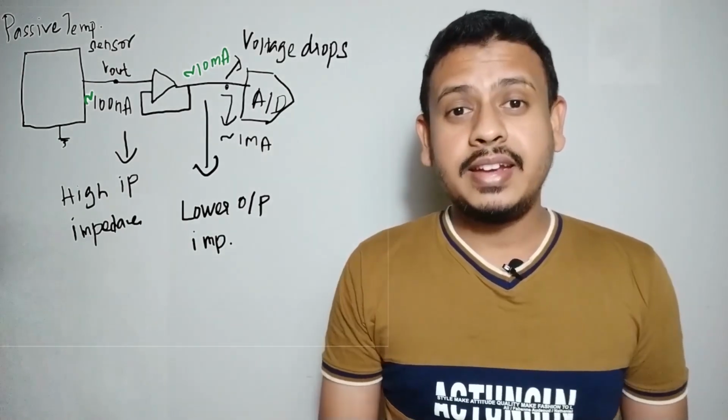It has to be understood that the current from the thermal sensor is not being amplified. If I put it the other way, the drive strength of this passive sensor is being increased with the help of an operational amplifier circuit. So that is why we use unity gain amplifiers in our circuits.